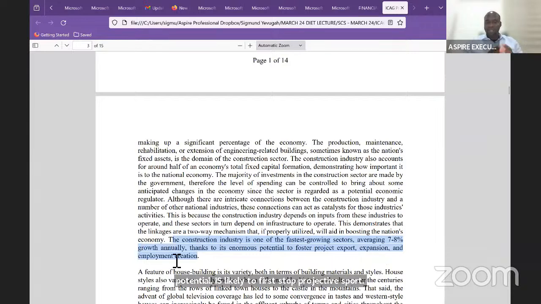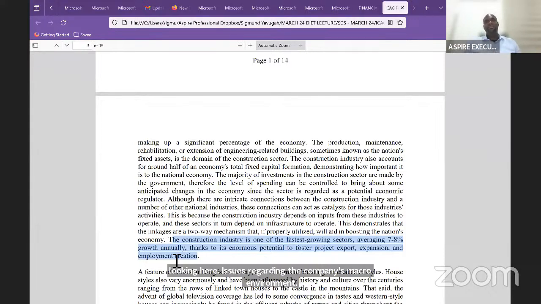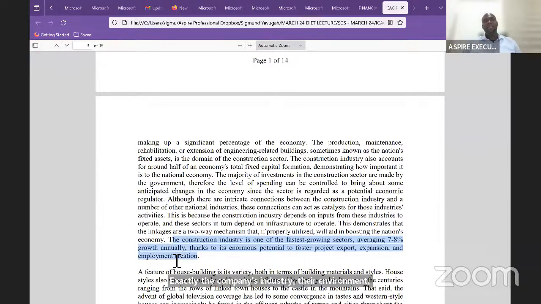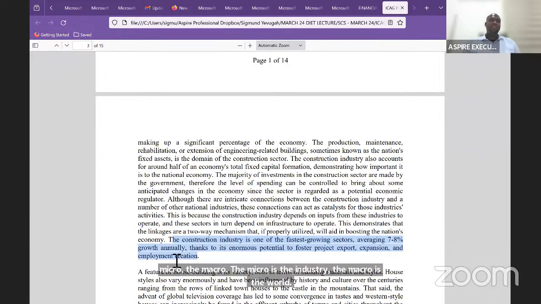So obviously, we are looking here at issues regarding the company's macro environment. The company's industry is the micro environment, the macro is the world, the general environment. And obviously, a lot of information has been provided here.